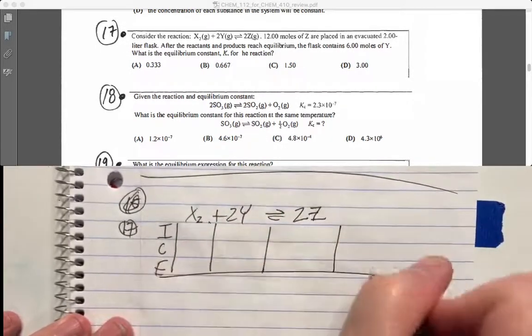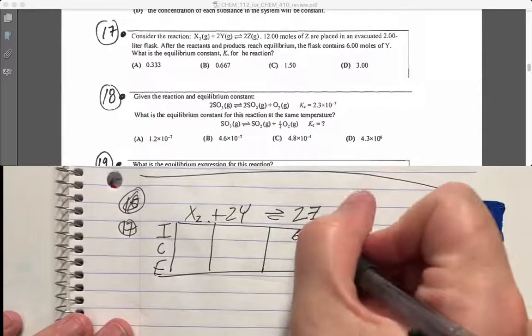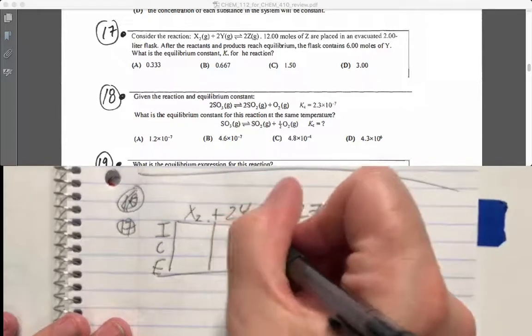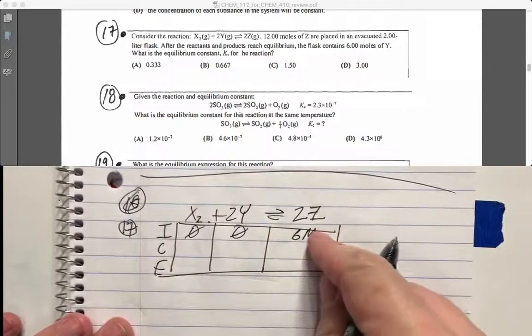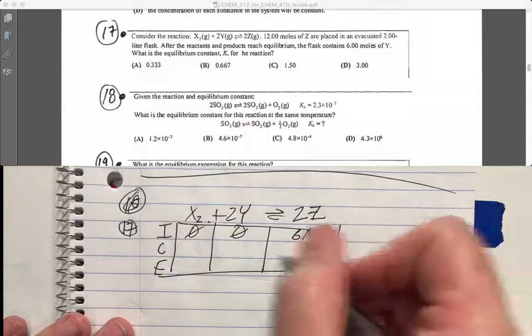And we need to be talking about concentrations. It gives us that there's 12 moles of Z at the beginning, and that 12 moles of Z occupies the 2-liter reaction flask. So 12 divided by 2 means that the initial concentration of Z is 6 molar, and it was the only thing that's put in, so there's none of the others in there. Now we need to think about what happens.